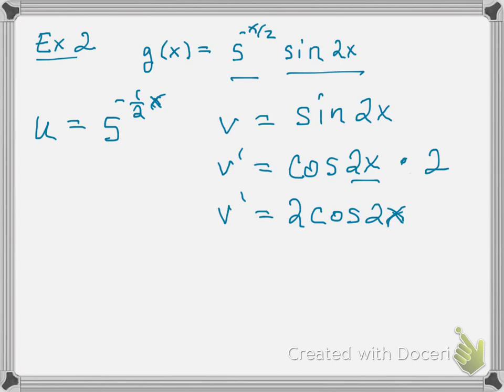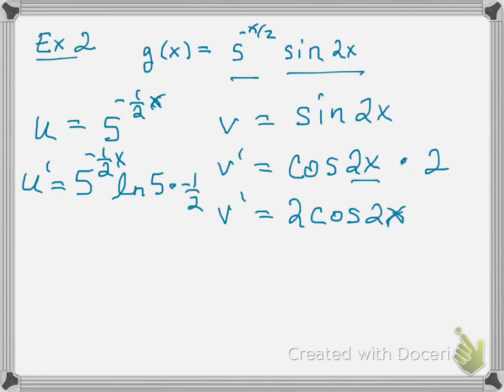All right, so u prime, we said is going to be a to the x, so we just write down what it originally was, but then I have to multiply times an ln of 5. And because this is more complicated than an x, I have to multiply times the derivative of this as well. And the derivative of that is just a negative 1/2.